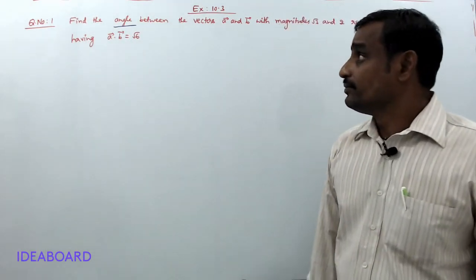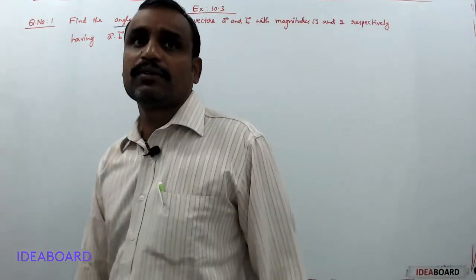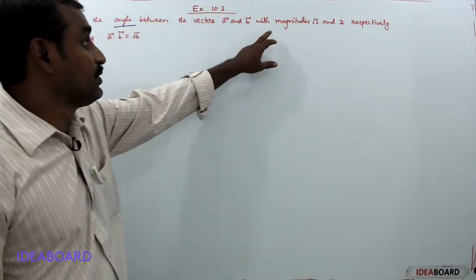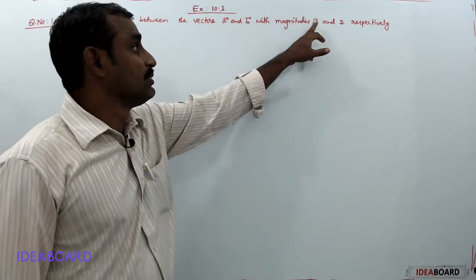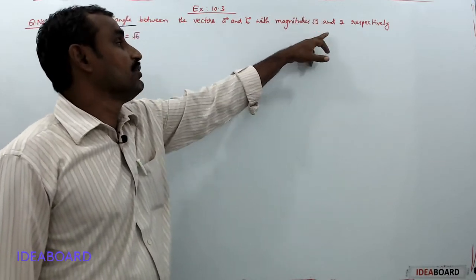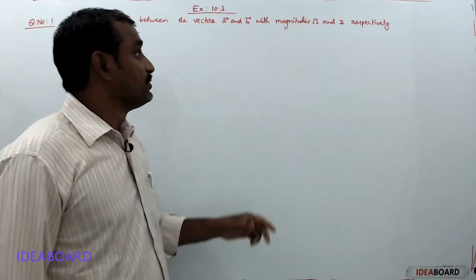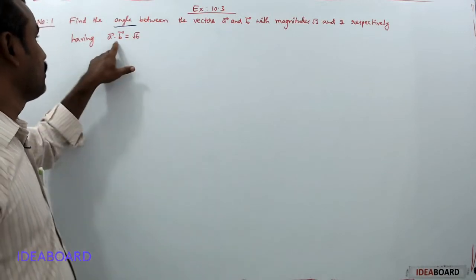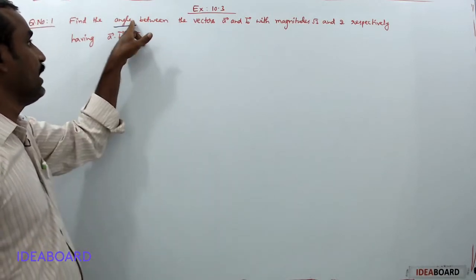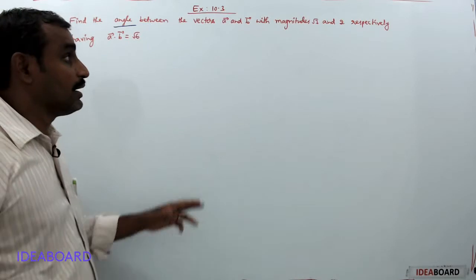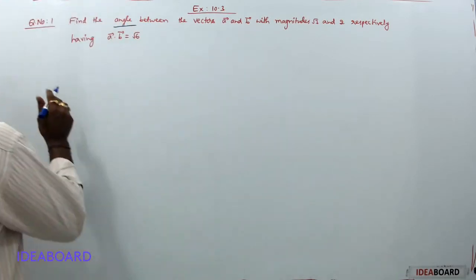Here they have given the magnitudes of a bar as root 3 and of b bar as 2, and the dot product, and we want to find the angle. First you can write the given data from the question.